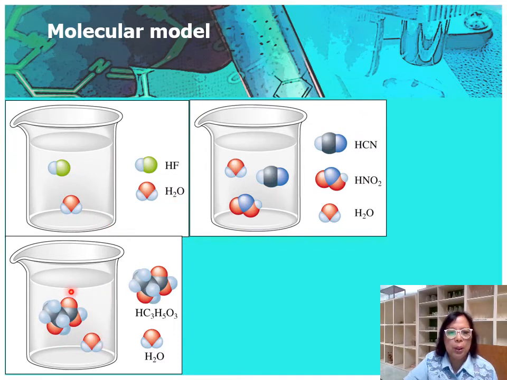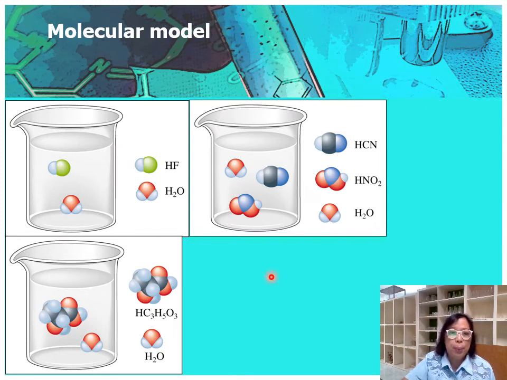So this is how you could illustrate in your class that these are the molecules present and they are either acid or base. So if HF is added with water, what is this solution? This is acidic. So you can do some kind of exercises by using some molecular models. Your molecular models do not need to be expensive ones.